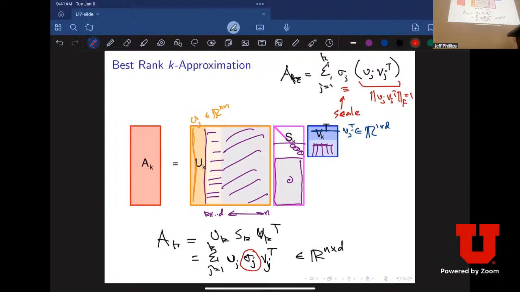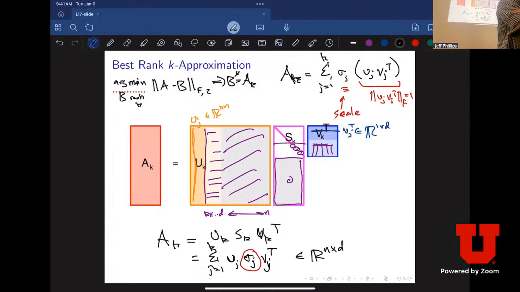So for instance, if I want the argmin over all matrices B of rank k of A minus B, in either a Frobenius norm or a 2 norm, then the answer is B equals A sub k, the one that optimizes this.